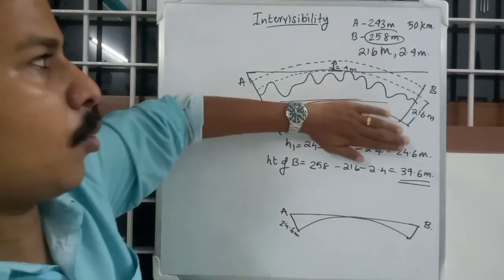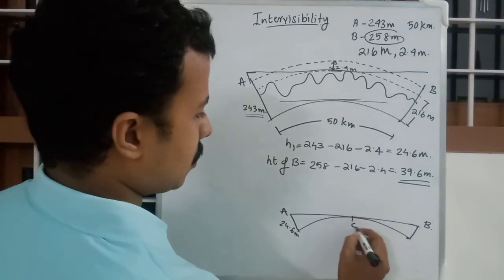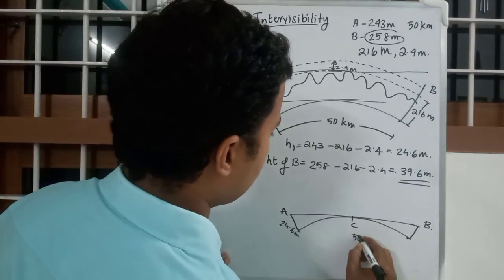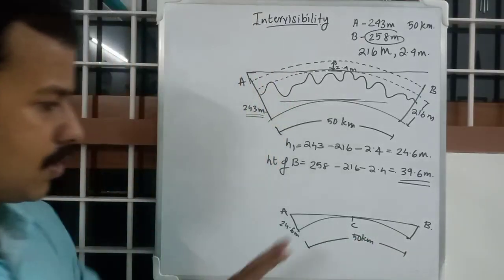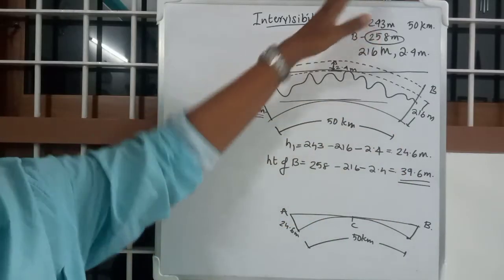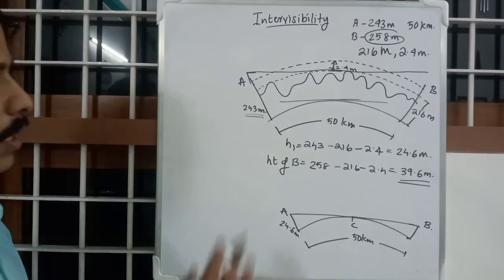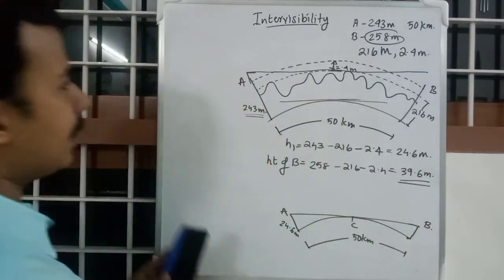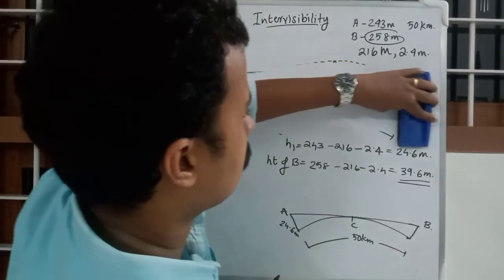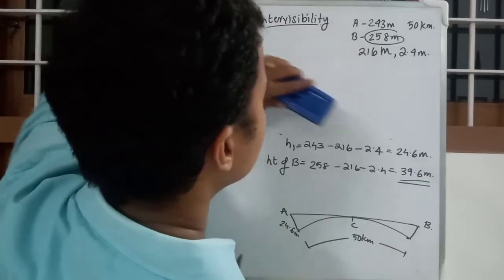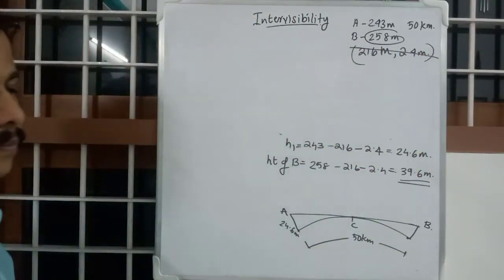When we get this similar diagram, this is C, distance is 50 kilometers. This is the new similar diagram, and forget about all the rest. Now we will start doing the problem. So I am rubbing out all the elaborate drawings.